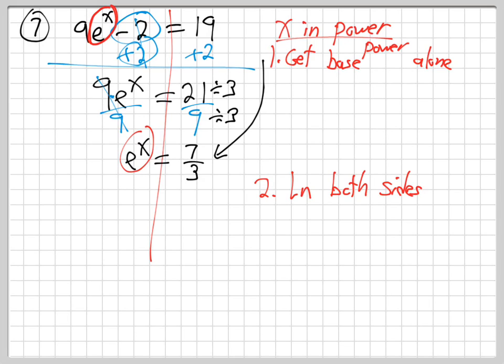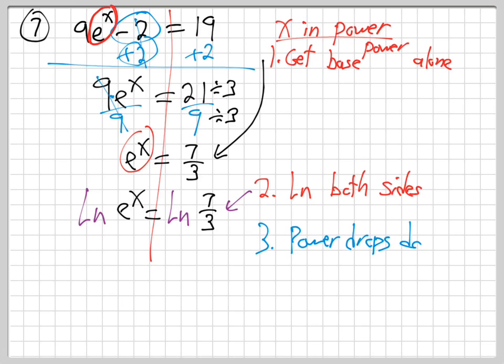So now on step 2, we got e to the x, we got 7/3. We're going to ln both sides, and that's that step right there. And then finally step 3, the power drops down to the front.